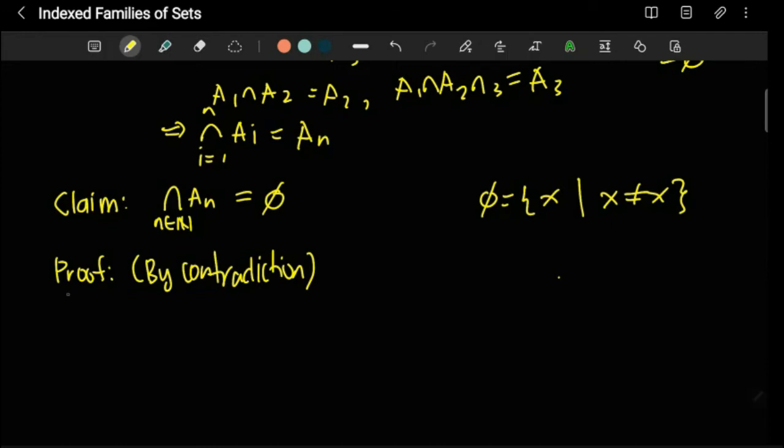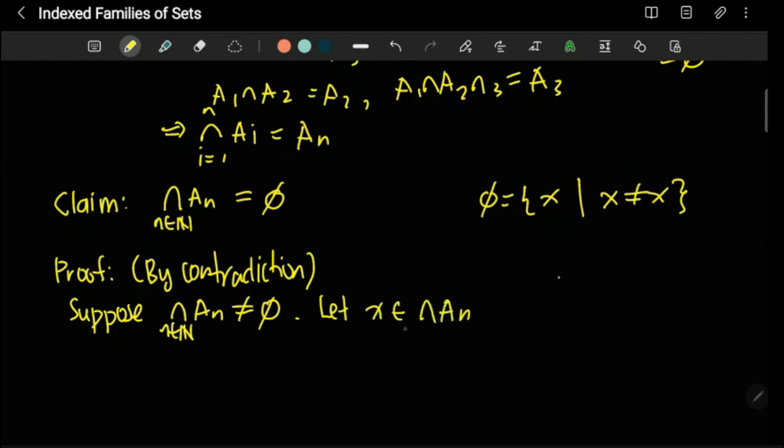So we are going to assume that it is not empty. So suppose the intersection of An for all integer n is not empty. So that's the assumption. So meaning it has an element inside. So let x be that element. Okay, so from this, we can now give some conditions for x.